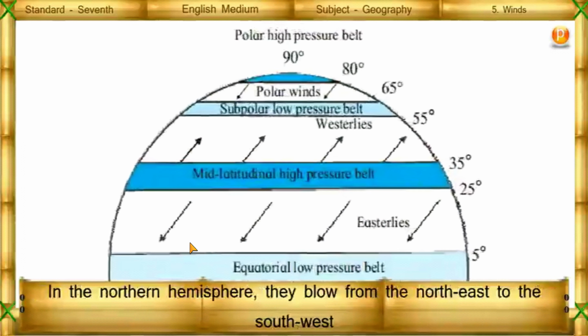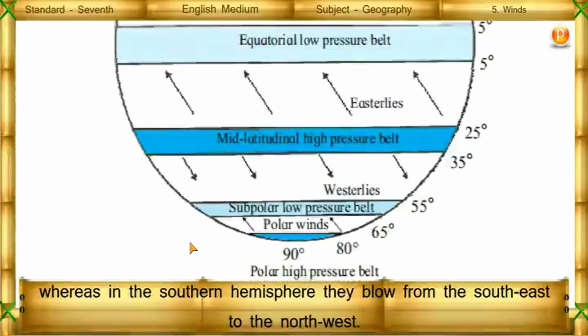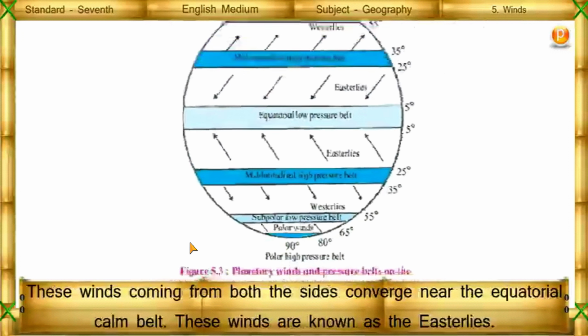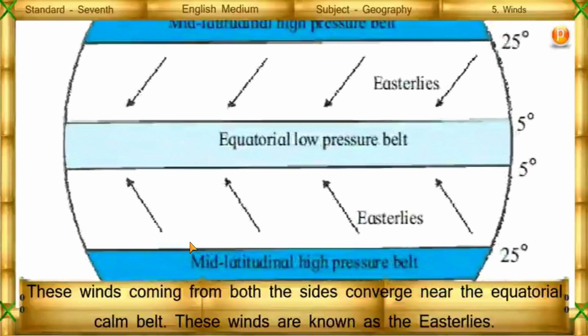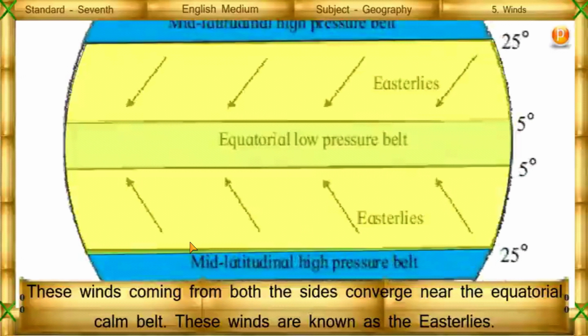In the northern hemisphere, they blow from northeast to the southwest, whereas in the southern hemisphere, they blow from southeast to the northwest. These winds, coming from both the sides, converge near the equatorial calm belt. The winds are known as the easterlies.